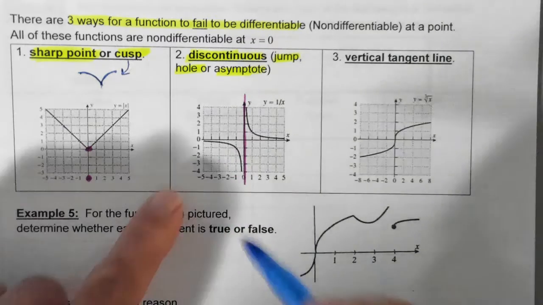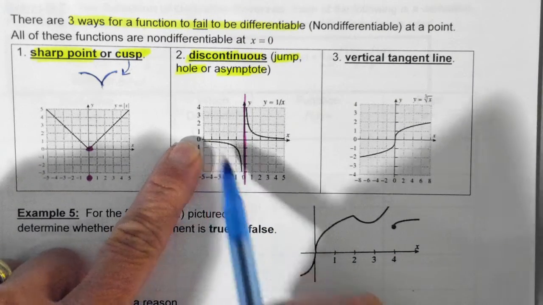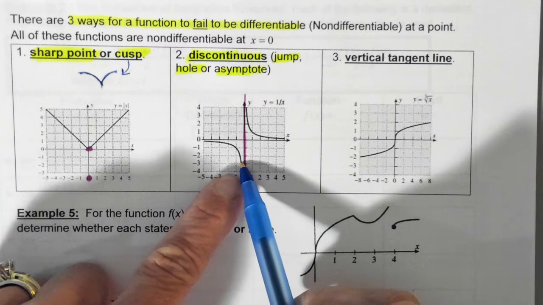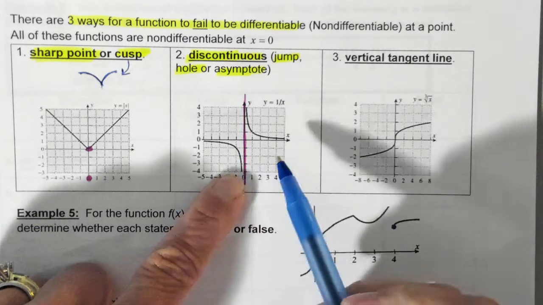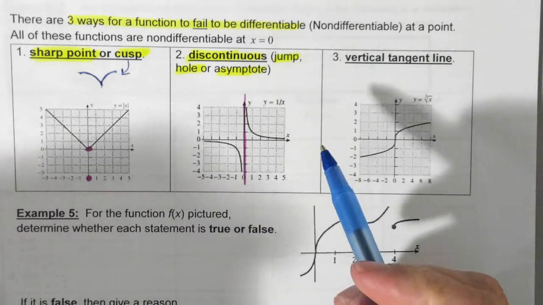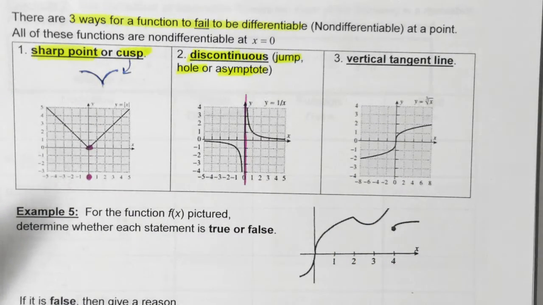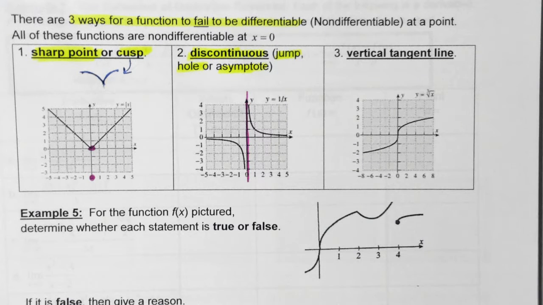But if you take a look at the limit as x is approaching, in this case, 0 from the left and 0 from the right, at 0, does the limit exist? No, because from the left you're going to negative infinity, and from the right you're going to positive infinity. So any place where you have a vertical asymptote, or you have a hole, and you have to basically pick up your pencil to sketch the graph, right, because you have to jump over that hole, or a discontinuity of some kind of jump.